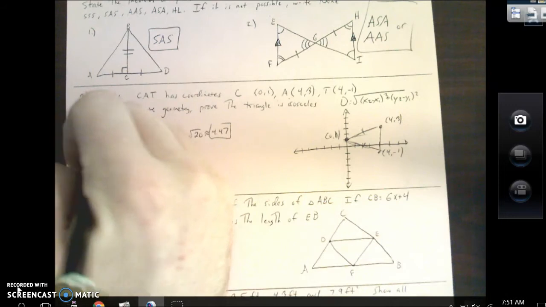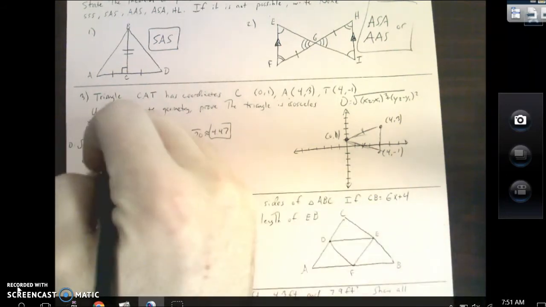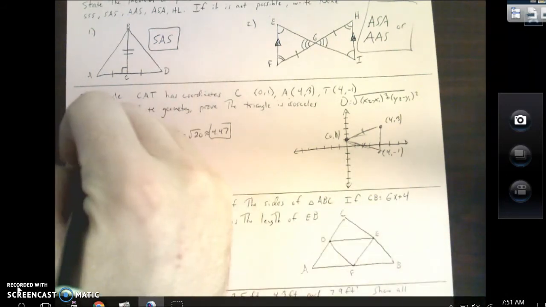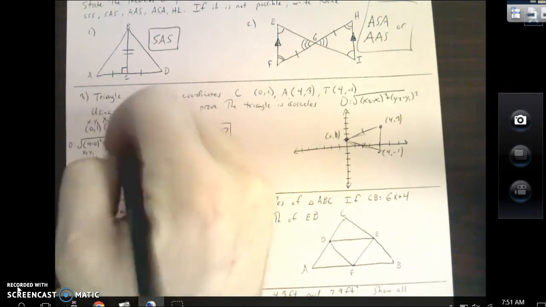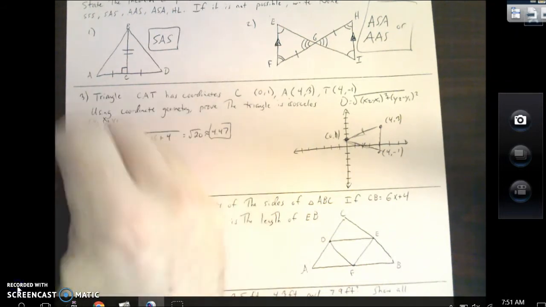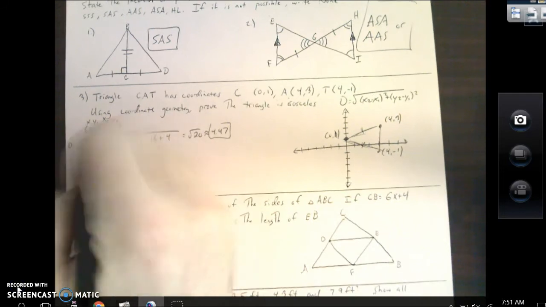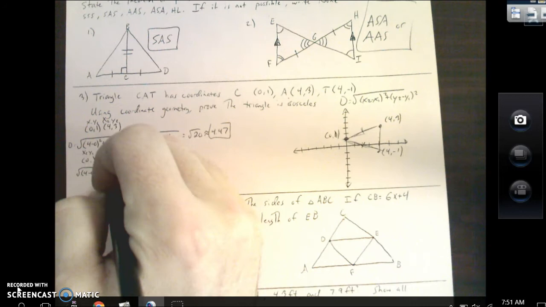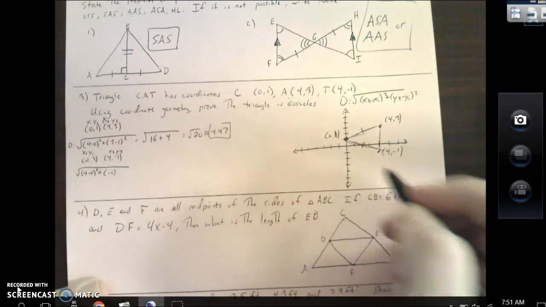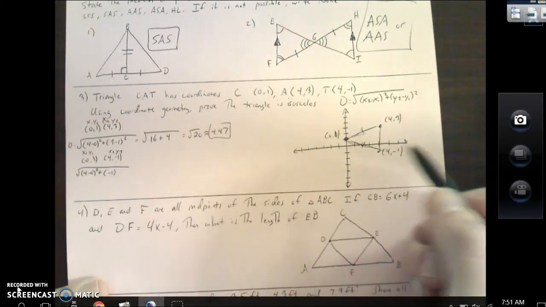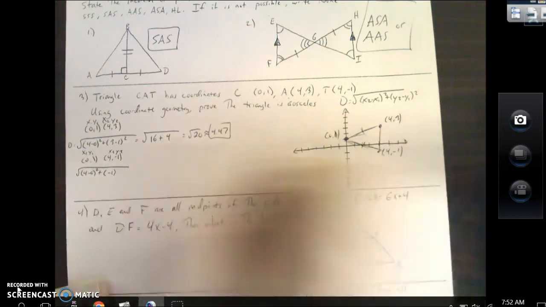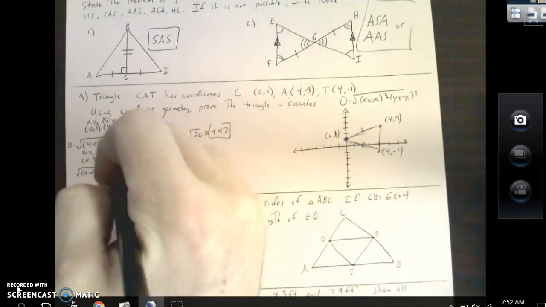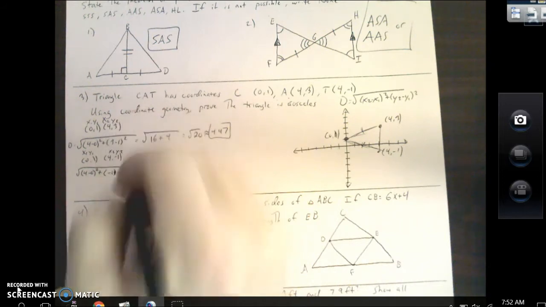Now I'm going to go (0,1) to (4,-1). x1, y1, x2, y2. So we can plug things right in here again. 4 minus 0 squared plus -1 minus 1, squared.